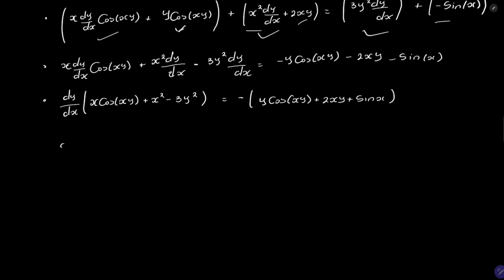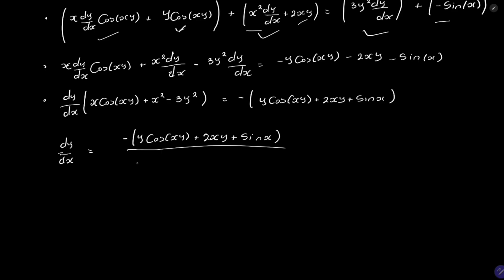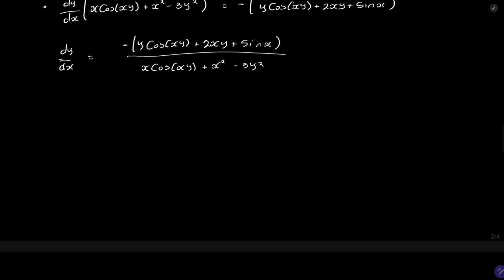This leaves us with dy/dx being equal to minus in bracket y cos xy plus 2xy plus sine x, divided by x cos xy plus x squared minus 3y squared.